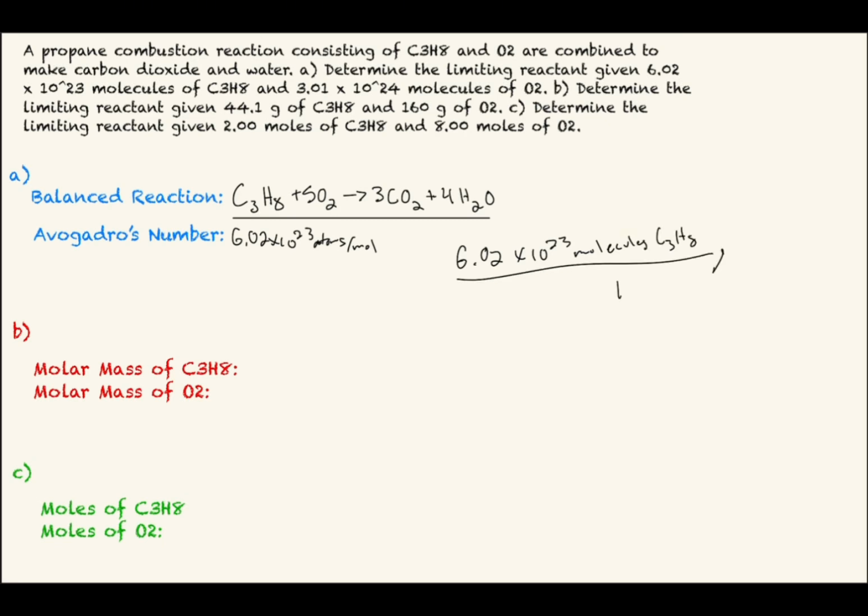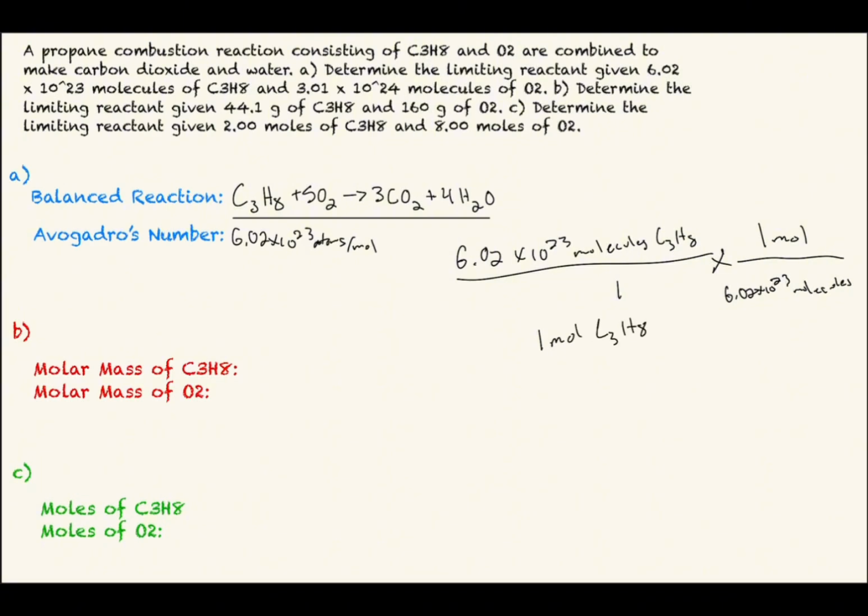Set that over 1, and then you need to multiply it to get moles on top. And it's just going to be 6.02 times 10 to the 23 molecules, because that's Avogadro's number. And in this case, you're just going to get, pretty simple, 1 mole of C3H8.